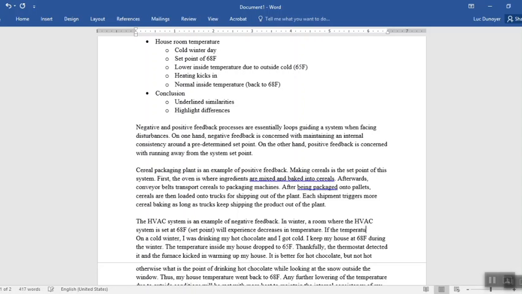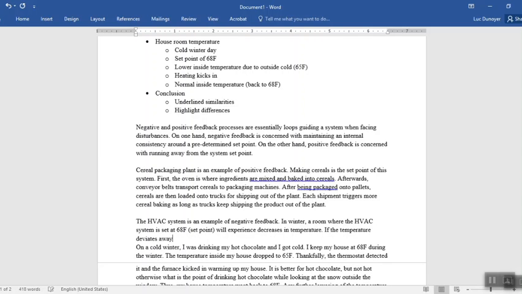So if the temperature drops or deviates away from the thermostat set point, no, maybe not from the thermostat. I just want to keep the thermostat for later.